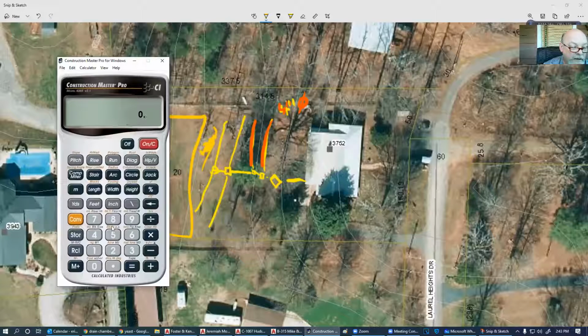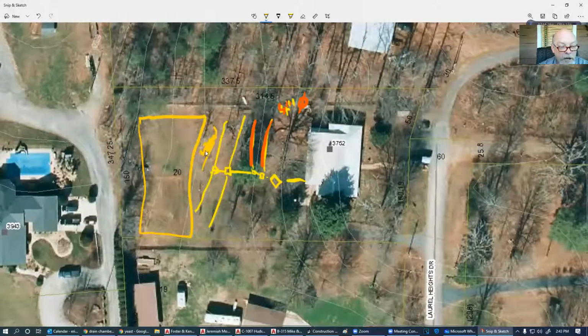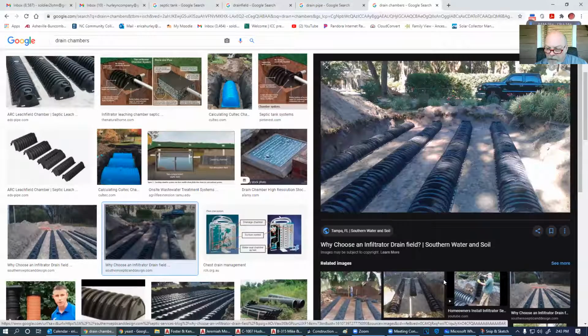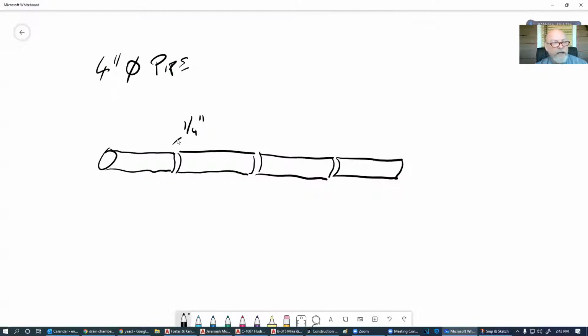That doesn't sound right, let's try it again. 300 feet times 85%. Yes, okay, so it is 255 feet. I know that doesn't sound like a lot, but it's 255 feet instead of 300 feet. So I saved basically 50 feet by using the chamber system, so it saves money as well.